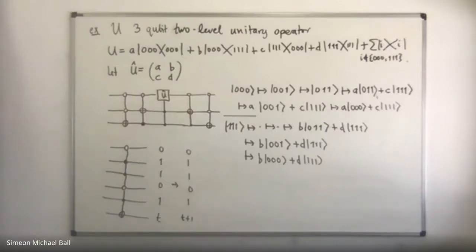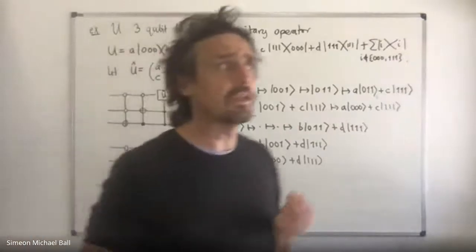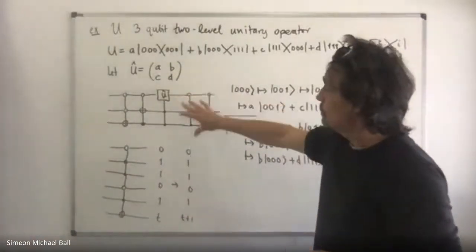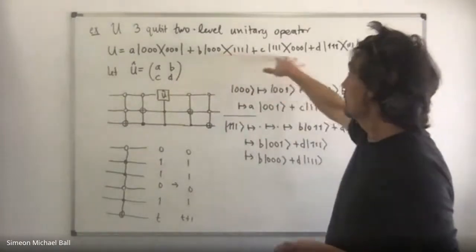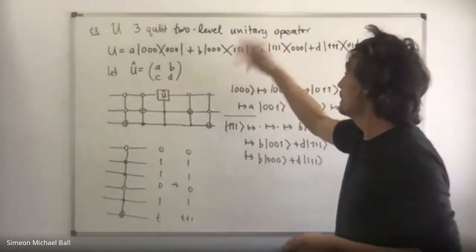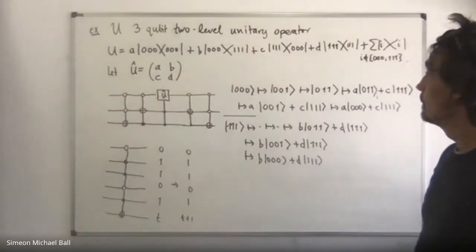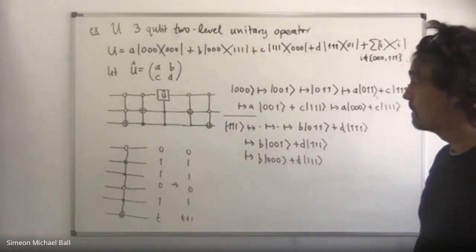So how does this work when we have n qubits? Maybe another three qubits, but with some other 2-level unitary operator.